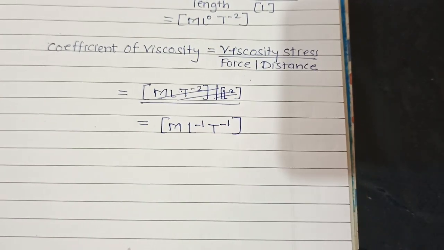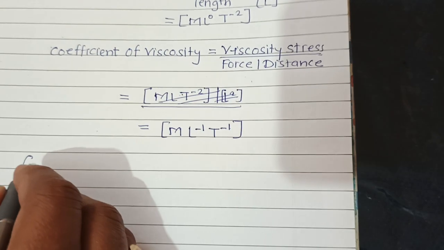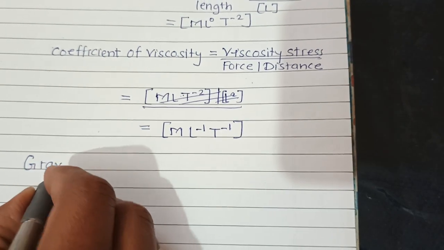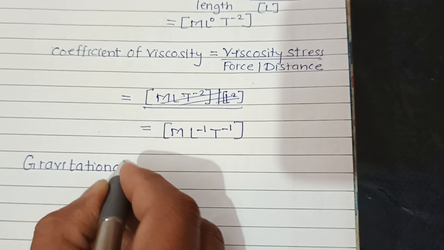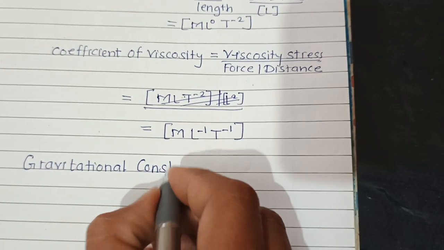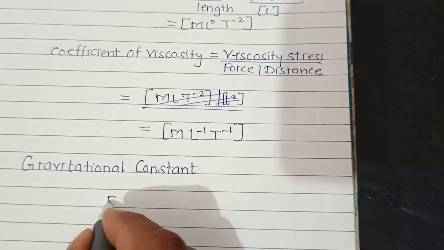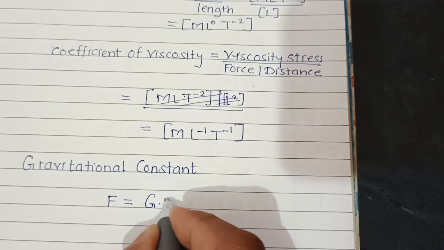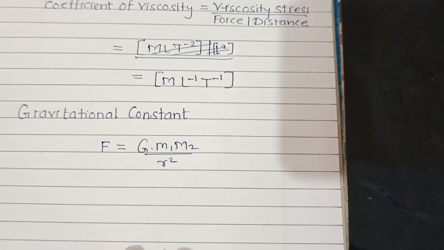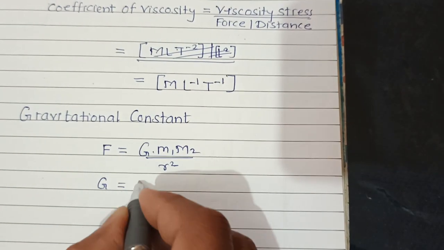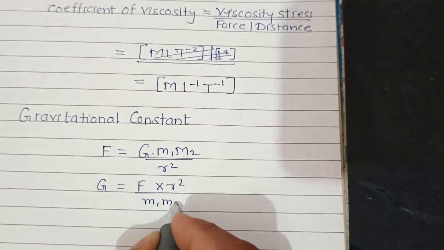Now next, gravitational constant. How will you, since we know that F equal to G m1 m2 by r square by the formula, so G equal to F into r square upon m1 m2.